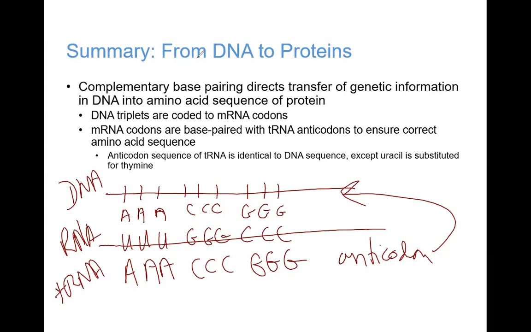And so our anticodon is identical to the DNA. If the DNA would be cytosine, cytosine, cytosine, the anticodon for that is going to be cytosine, cytosine, cytosine. Because we've already gone from DNA to messenger RNA, which is complementary, and then we take the complement of the messenger RNA on the anticodon, and we're back to the original sequence. So the DNA specifies every protein.